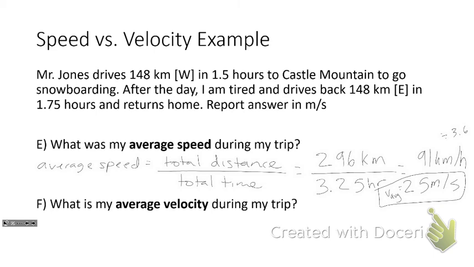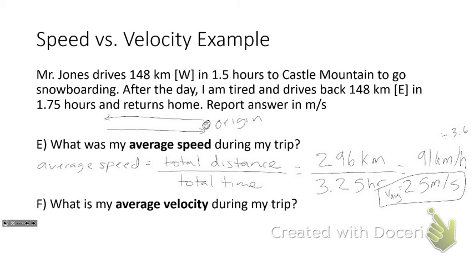So for velocity, we're going to have our displacement, right? And for speed, we have distance, right? So if I drove to Castle and I drove home back to the origin, what is my displacement for the day? 0.